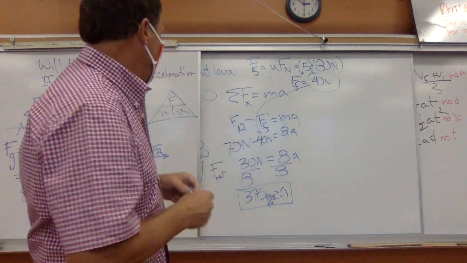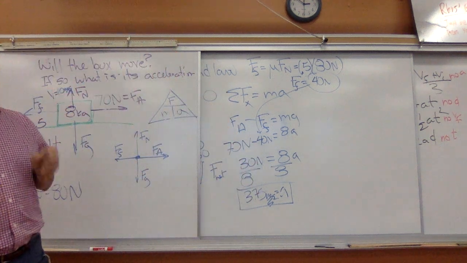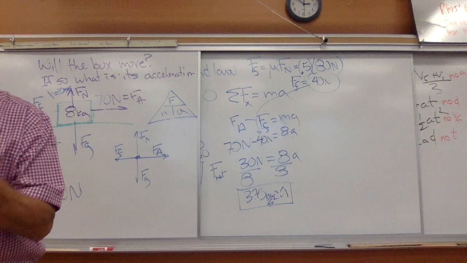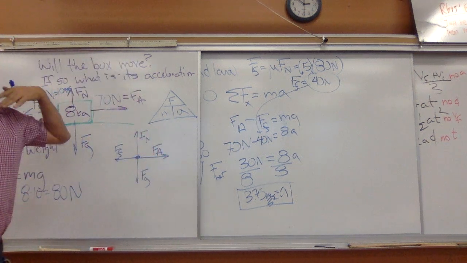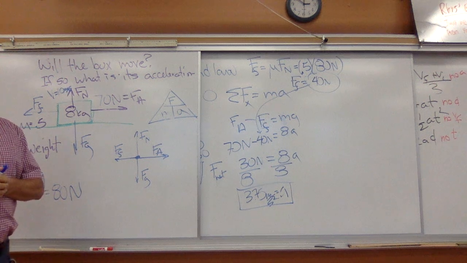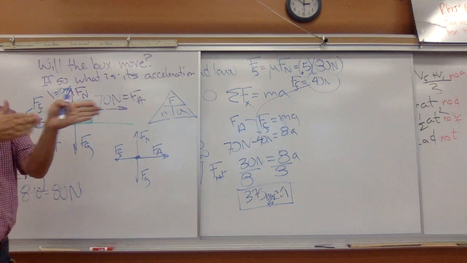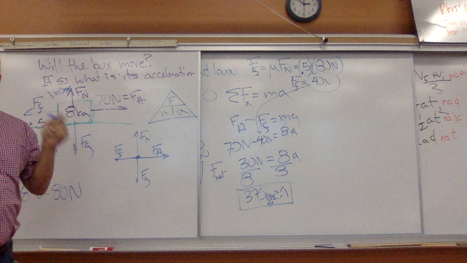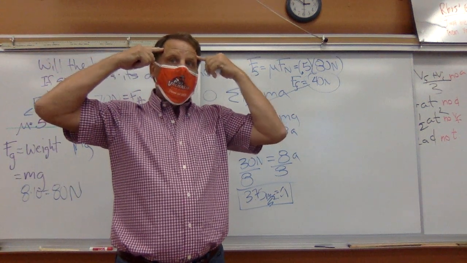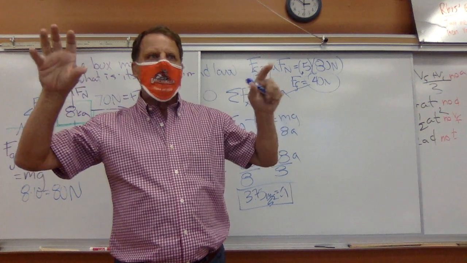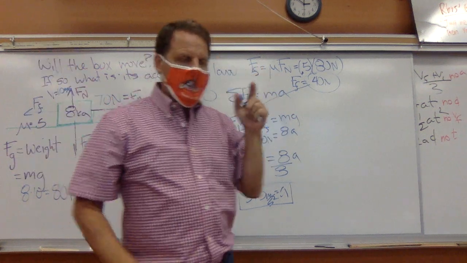Why is it 0? I'm moving. Remember that acceleration is the change in velocity over time. Well, if I'm going at a constant 2 meters per second, my velocity is staying the same, and therefore my acceleration is 0. In our brains, up till now, we haven't really made that distinction.